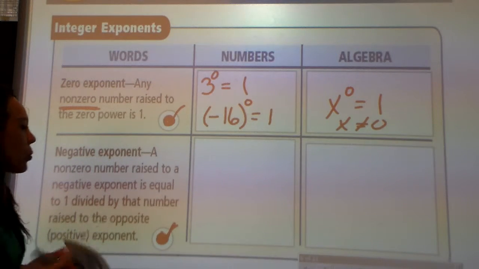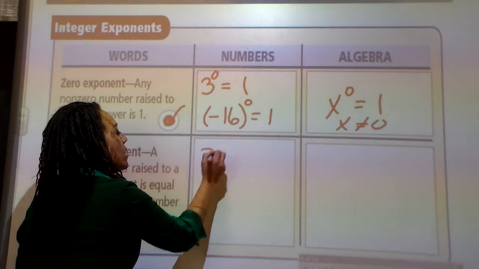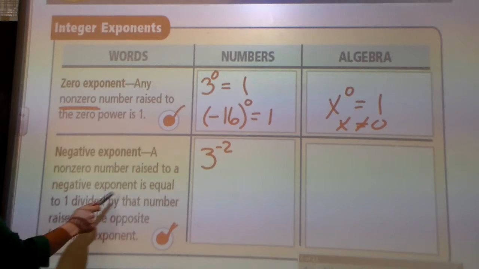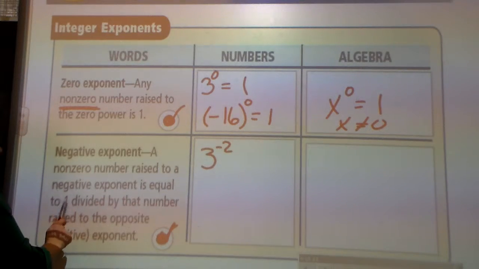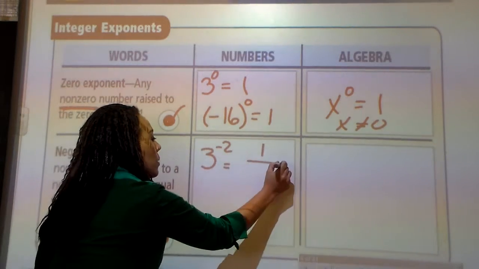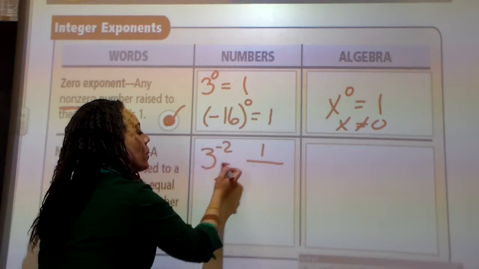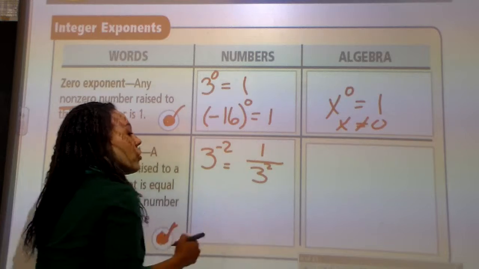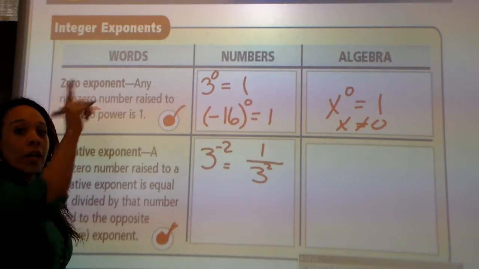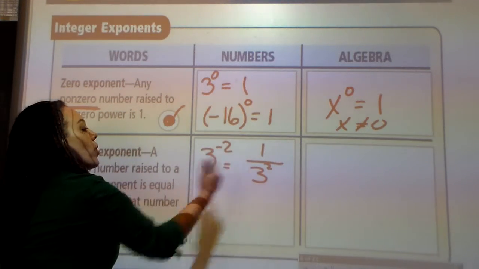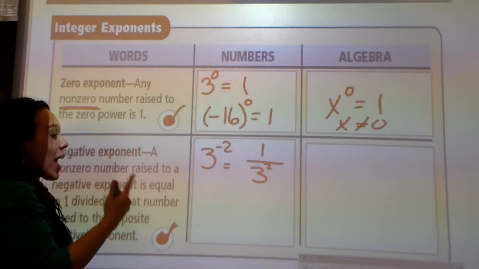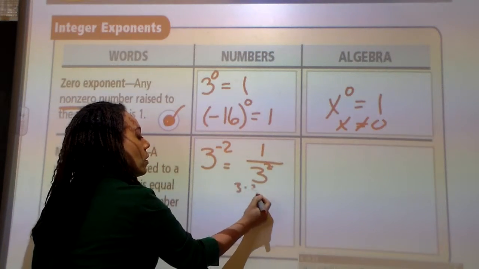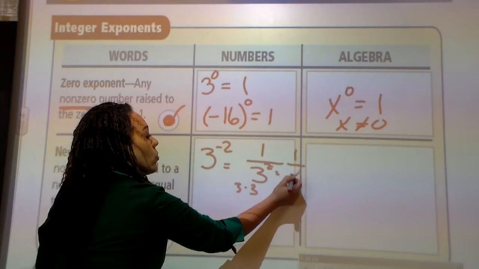So here's what it looks like. If I had 3 to the negative 2, well, it's 1 divided by, you're going to use this whole term again, but take out the negative. So 3 squared, just take the negative out. 1 over the whole problem without the negative, which actually would be 3 squared, which is 3 times 3, which would be equal to 1/9.